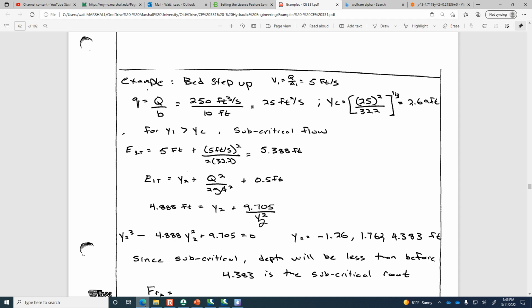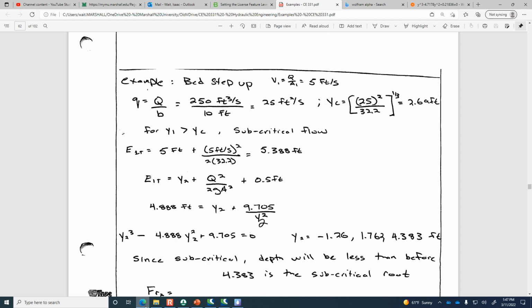And let me erase the top part of this so that we'll have some room to continue. All right, so if we rearrange it, 4.888 is equal to y2 plus 9.705 divided by y2 squared.